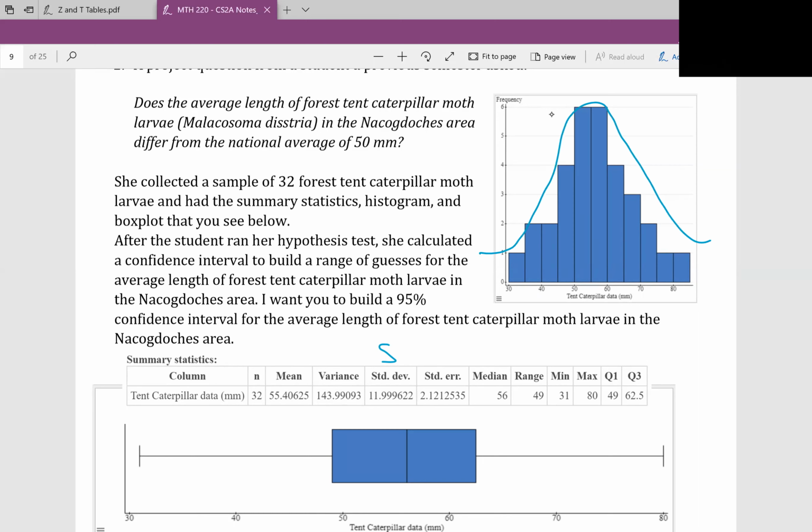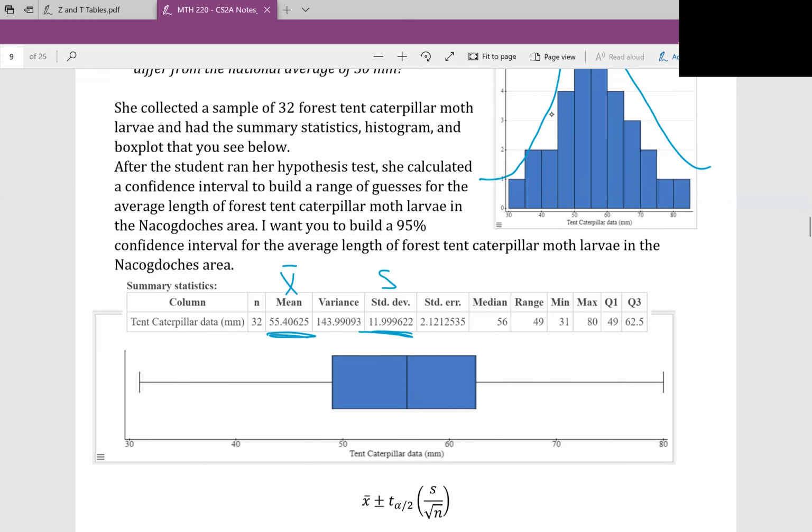And really, anytime you see a histogram, I'm always going to encourage you, go ahead, trace your line, draw a general shape over the top. And yes, that does look like an approximately normal distribution. Okay, so the other value you're going to need from these summary statistics is X bar. We need X bar and we need S in order to plug into this formula.